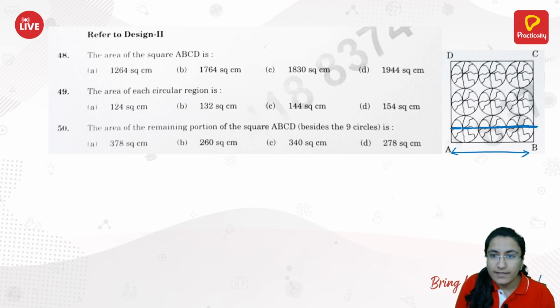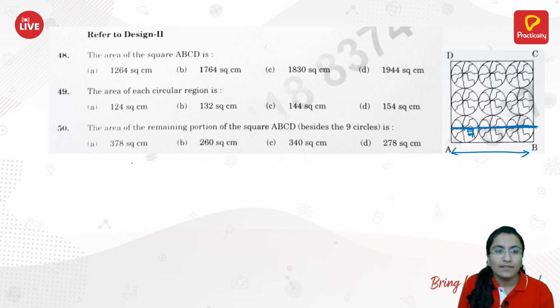Right, so this is the diameter first, this is second, this is third, and all are joined. That means thrice the diameter of each circle. These are the same circles, they have the same radius. So the radius was 7, right? So that means 6 times the radius, or 3 times the diameter, would give us the complete length of the side.